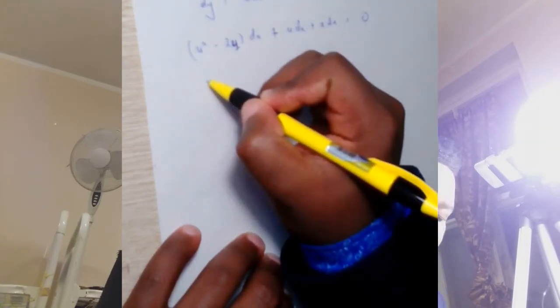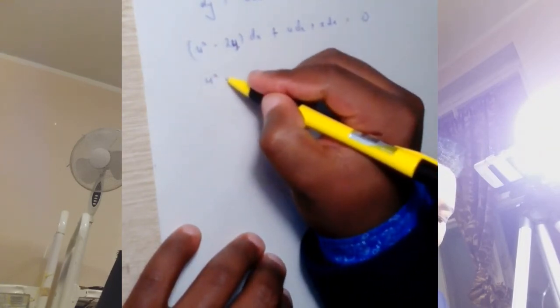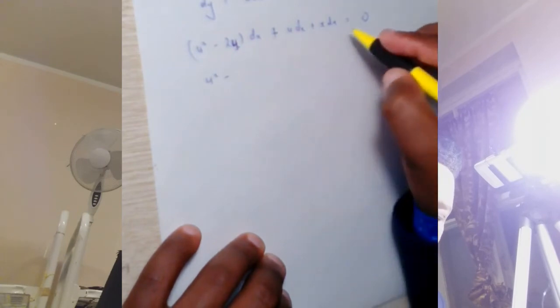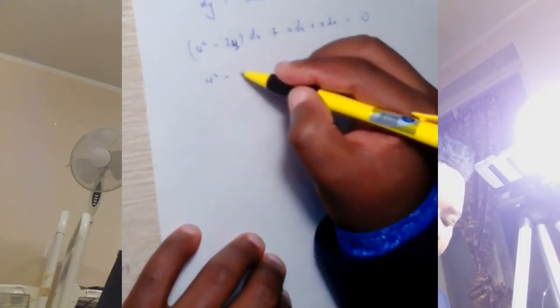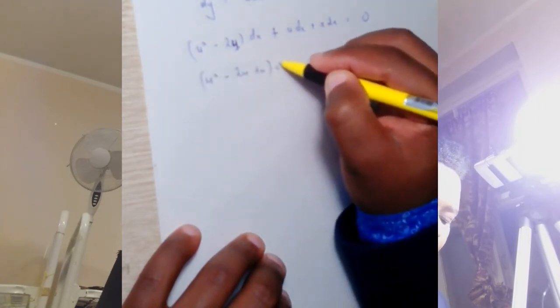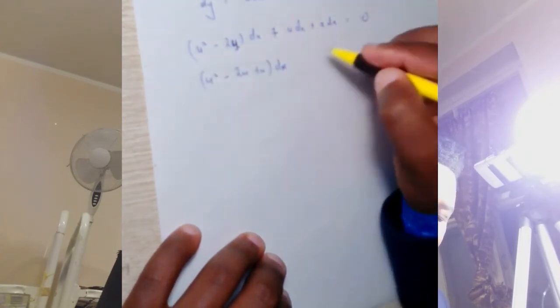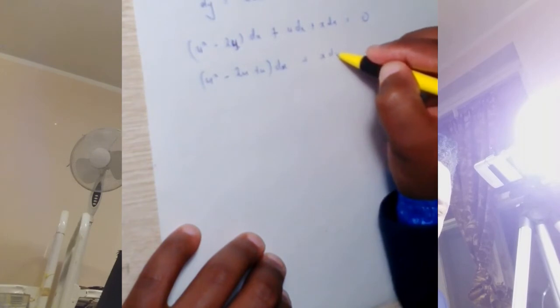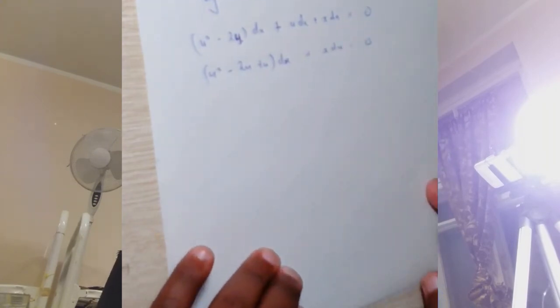So now regrouping these terms, I will have (u squared minus 2u plus u) all multiplied by dx plus x du is equal to 0.